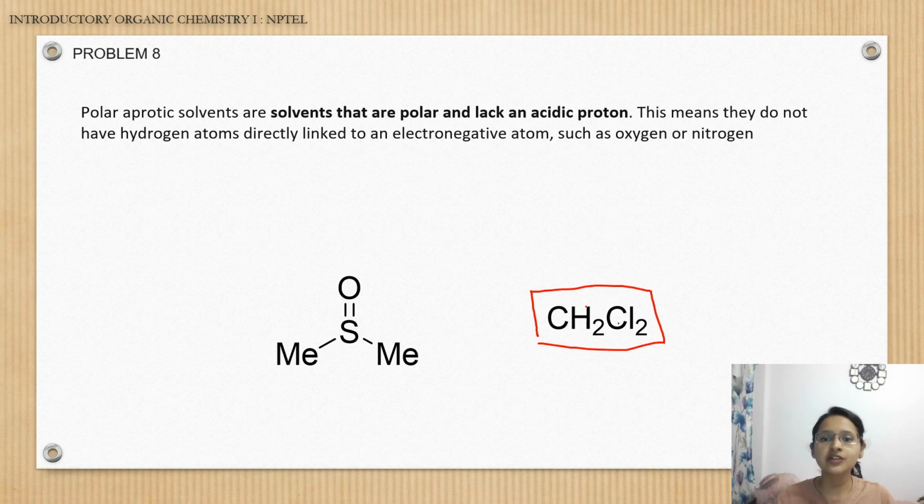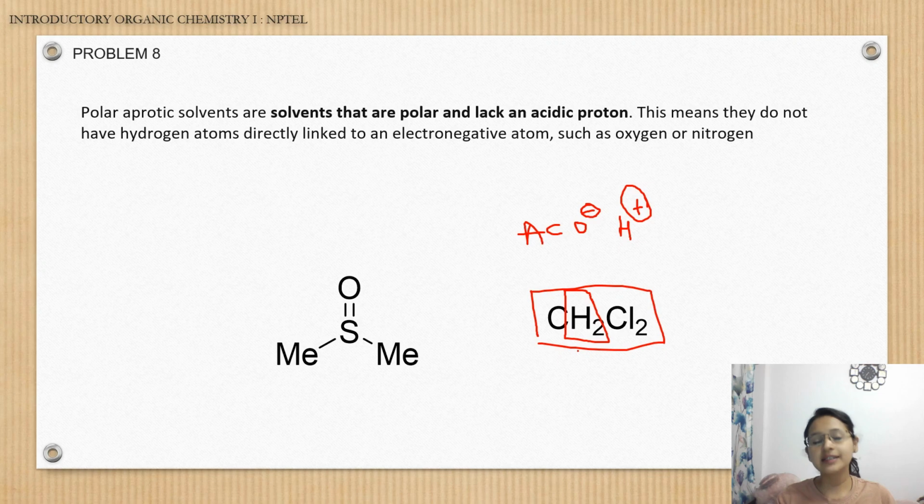So on dissociation, it is not going to give you a proton in the system. Why? Because it is not ionizable, right? It is not an acidic proton. So in acetic acid, what you have is this acetate ion, negative charge, and the H plus, right? So that is a polar protic solvent.